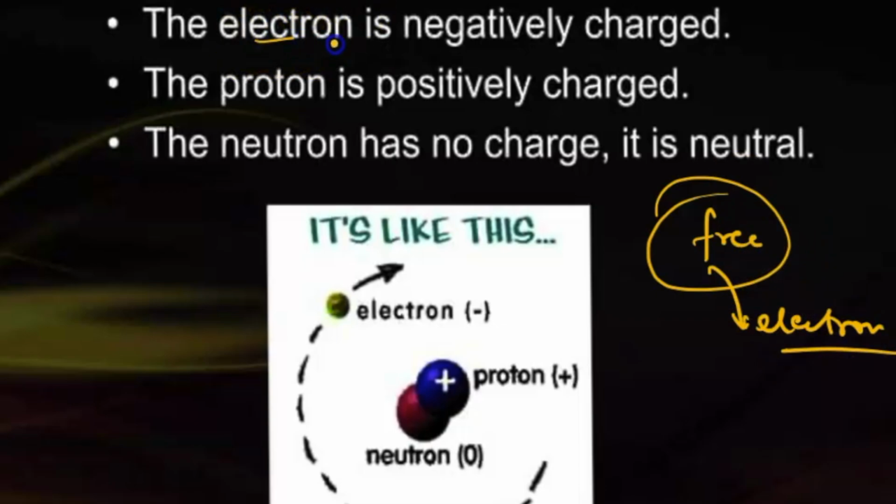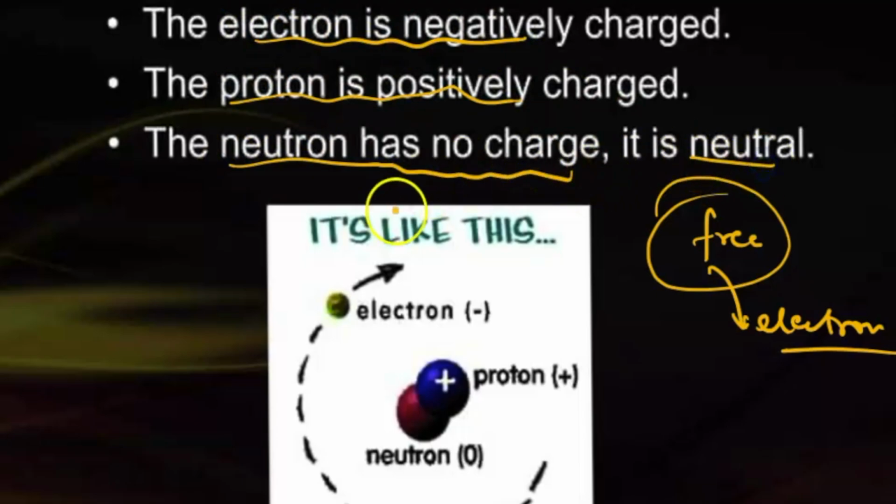So the electron is negatively charged, the proton is positively charged, and the neutron has no charge. Okay, here there is a nucleus and electrons are revolving like this.